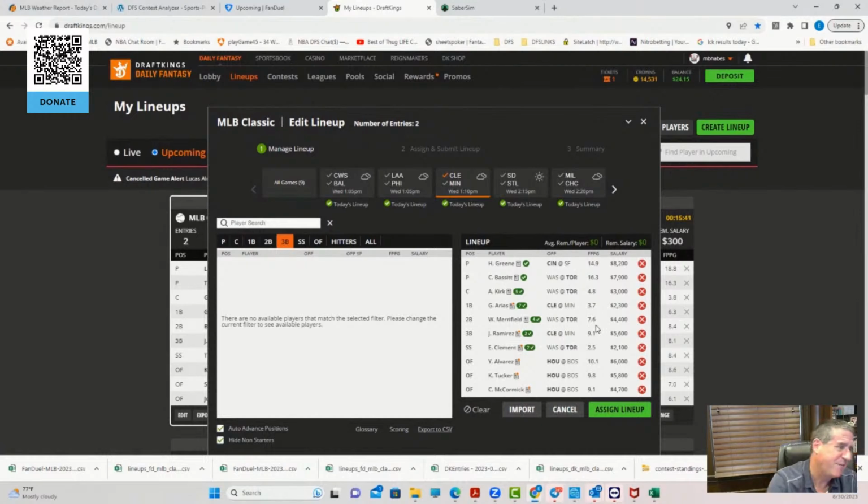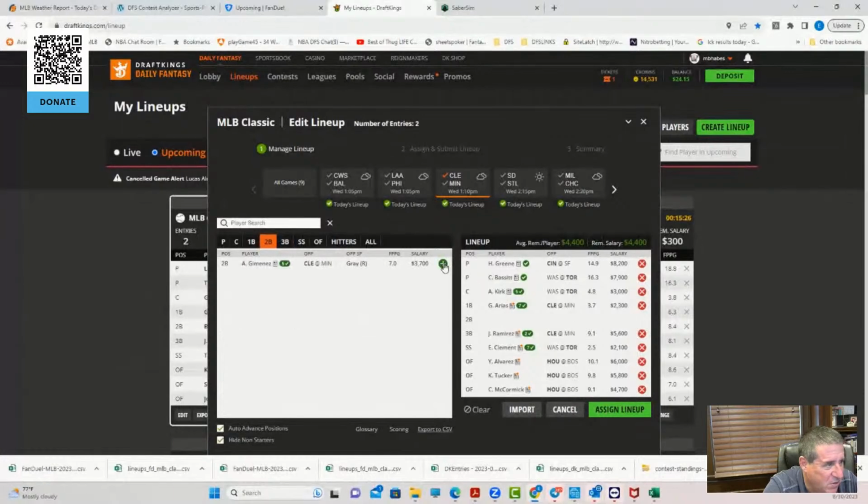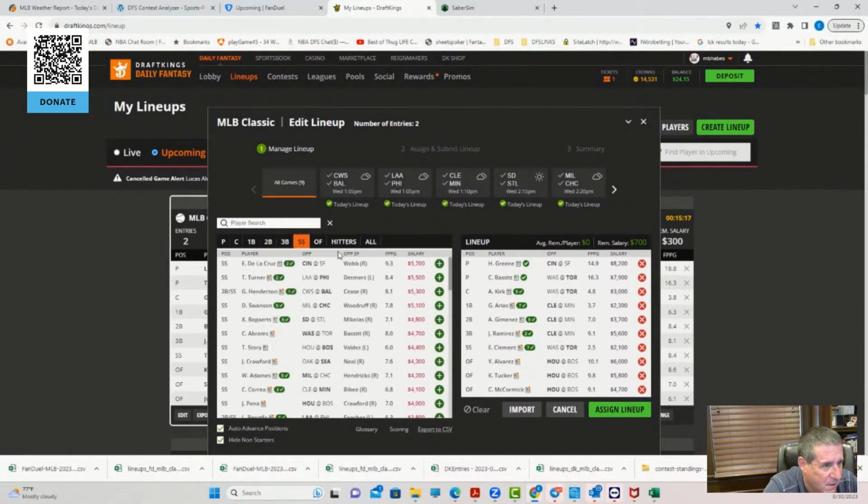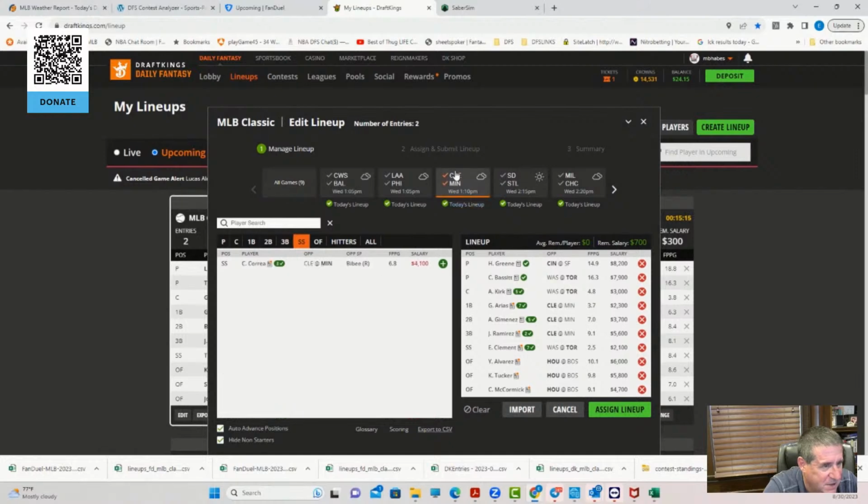Now this is definitely more of a Bobby type lineup. Boy, he'd be so proud of me if I got away with this, though. Like a 3-3-2. I'm still going back to these Clevelands as being good plays. I don't know what to say. I just keep going back to the Clevelands.